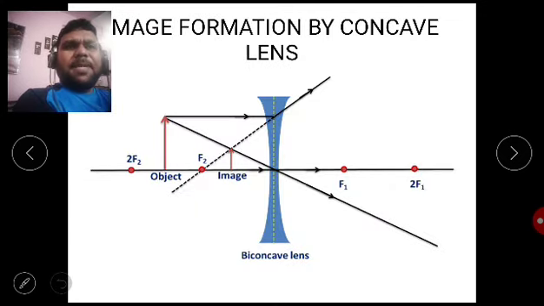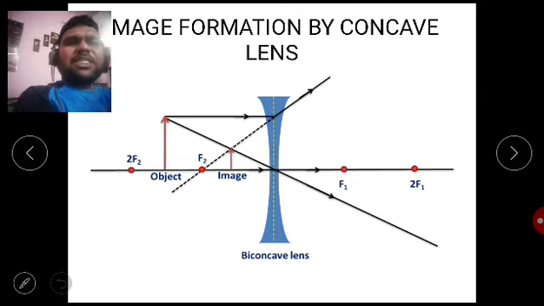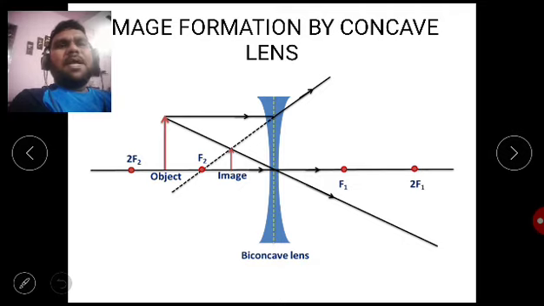We will talk about image formation by concave lens. We have learned that convex lens forms real and inverted image and virtual and erect image. But what is the image by concave lens? Concave lens always forms a virtual and erect image.